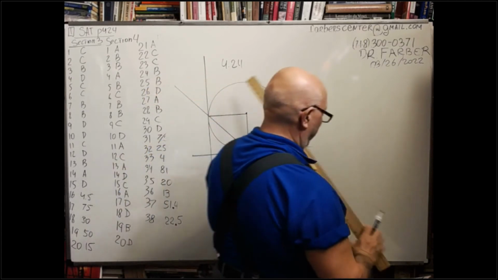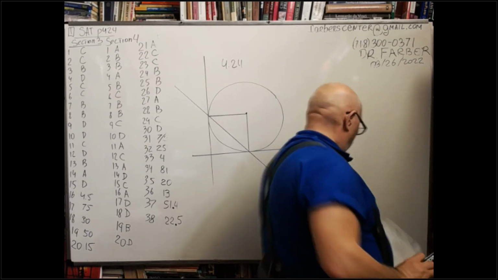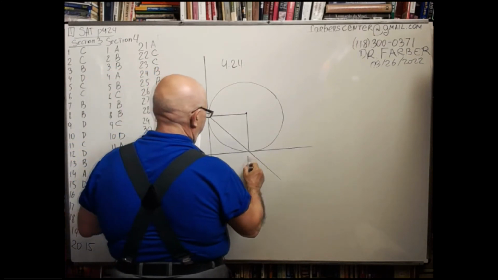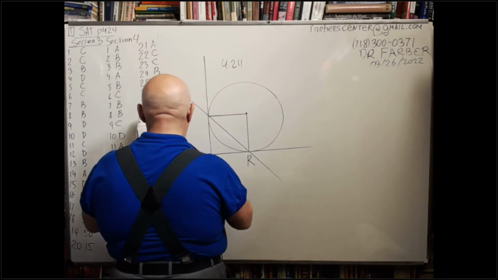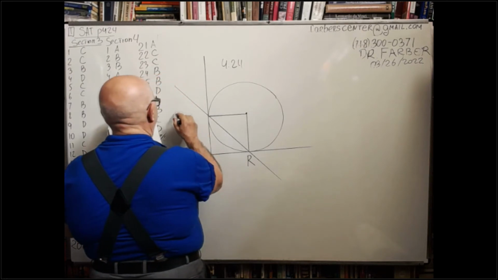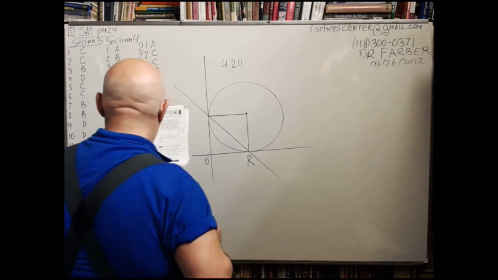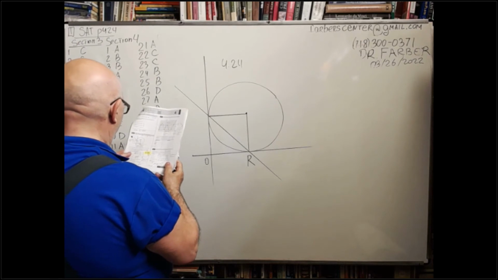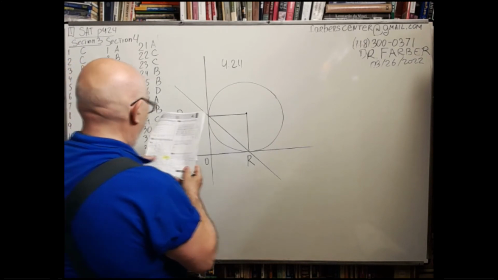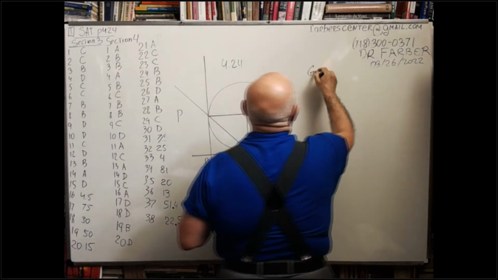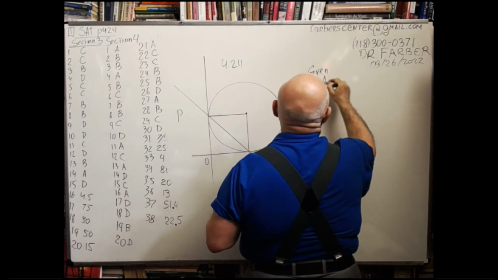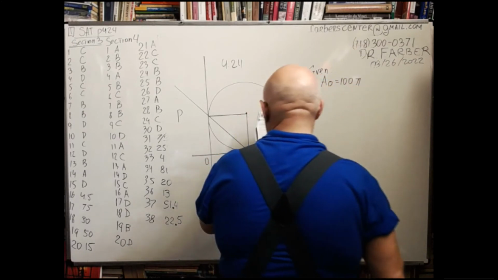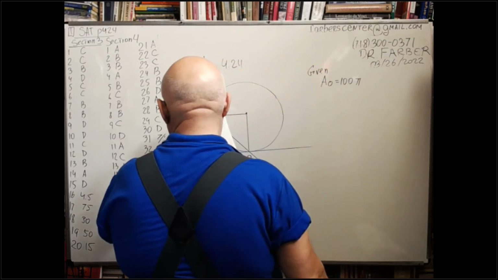Good. So build a picture first. Well, what is given? This is point R, origin, point P. And what else? The area of the circle equals 100 pi. What is the equation of line L?